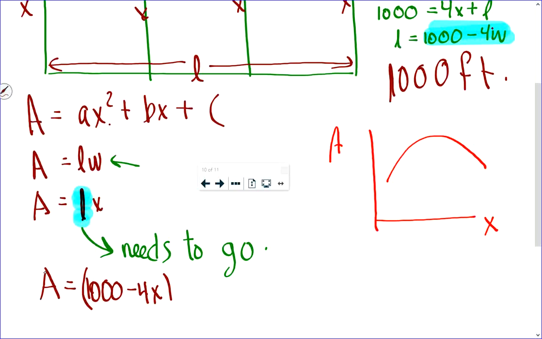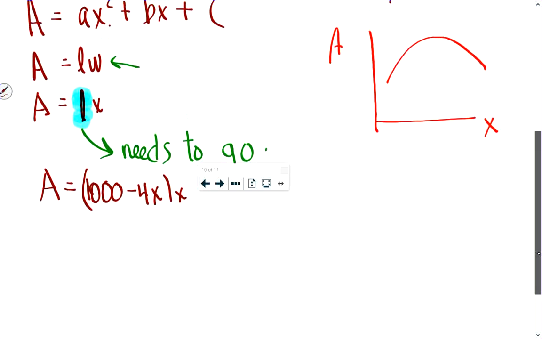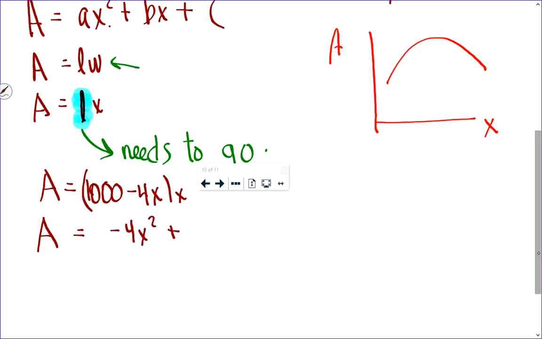But this is x. So if I expand this, I'm going to get negative 4x squared plus 1,000x. I've multiplied that x through, and then I've just rewritten the two terms in a different order. I'll put the x squared first.